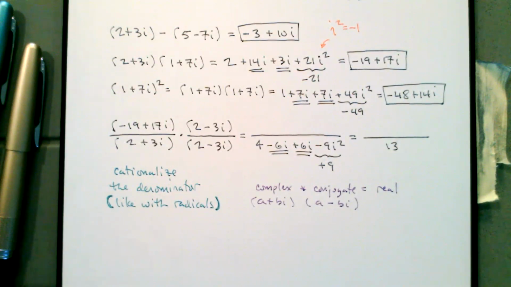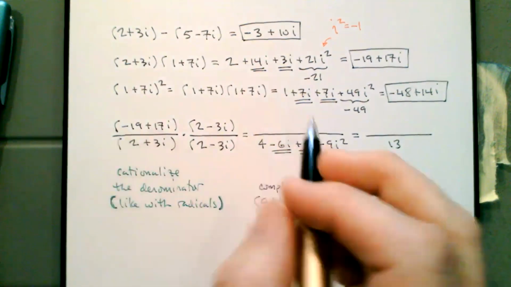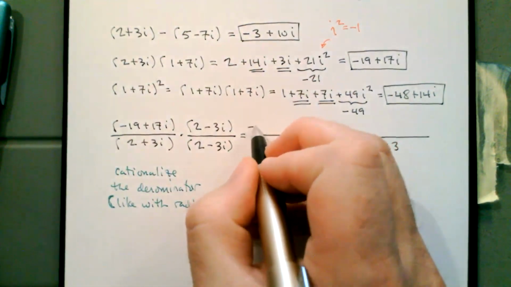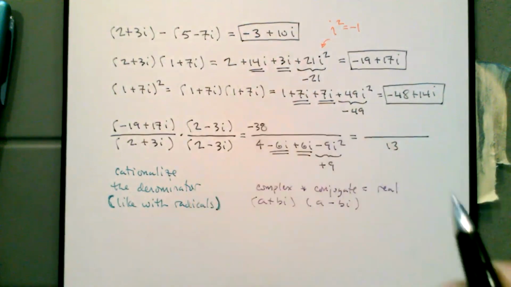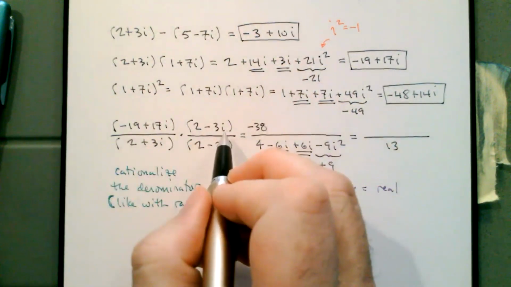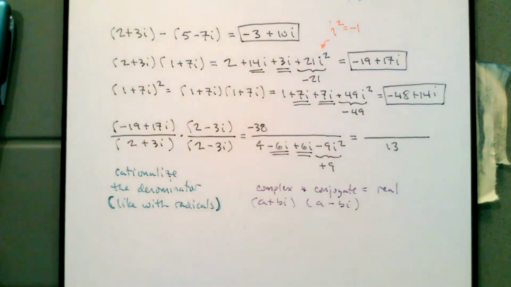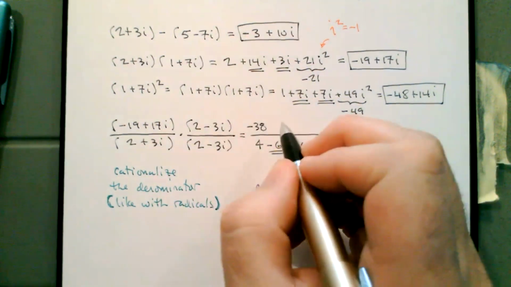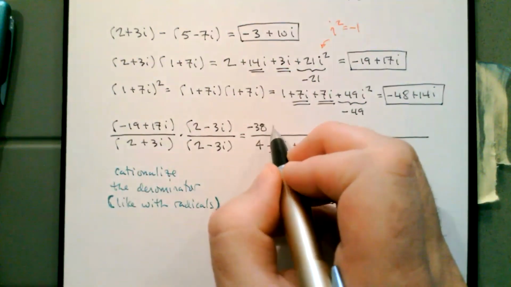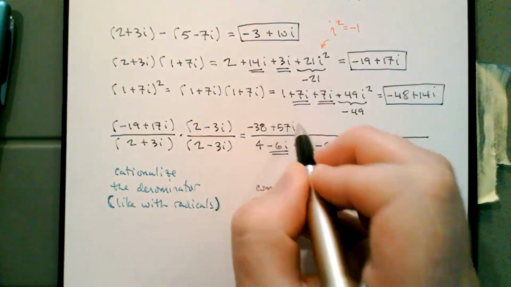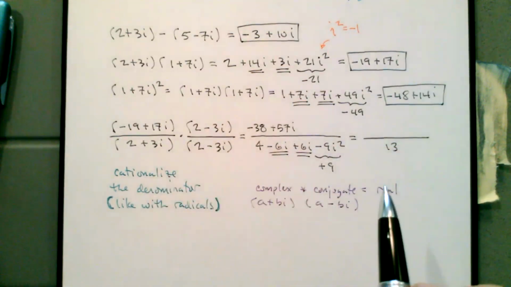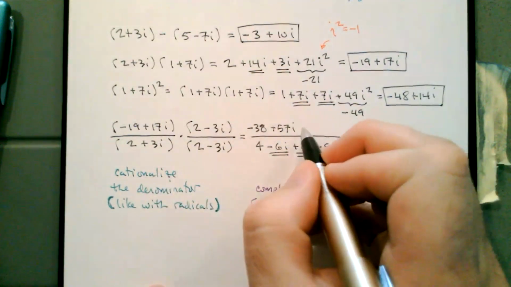Still got to multiply the numerator. 2 negative 19s is a negative 38. And then 3 19s is 60 negative 3, 57. So plus 57i. Check my math. It's always very fishy. 2 17s is 34.